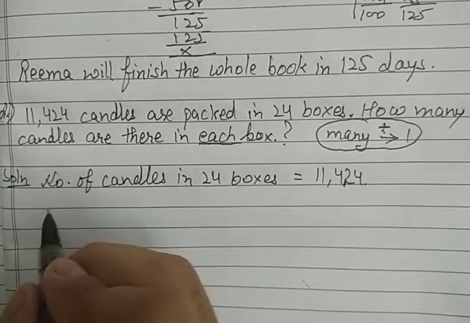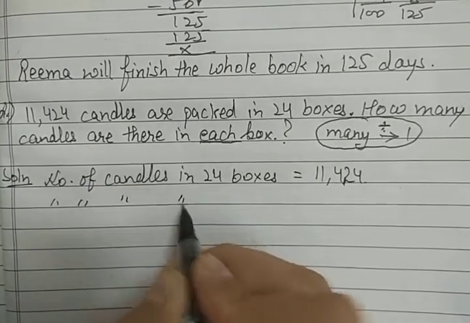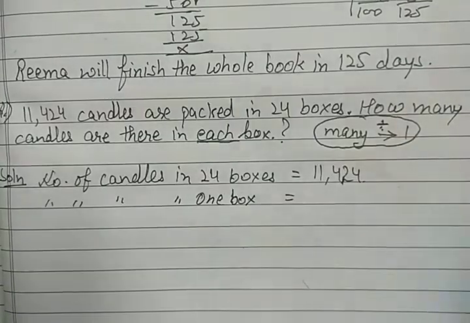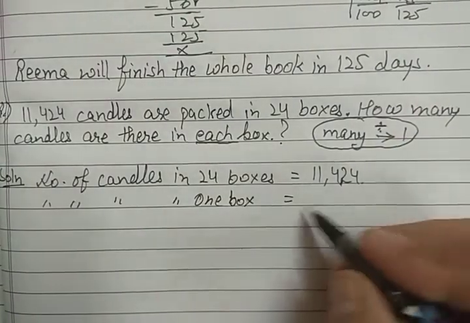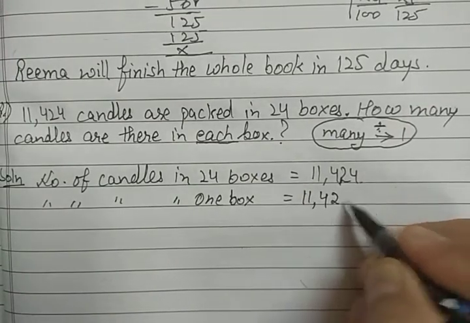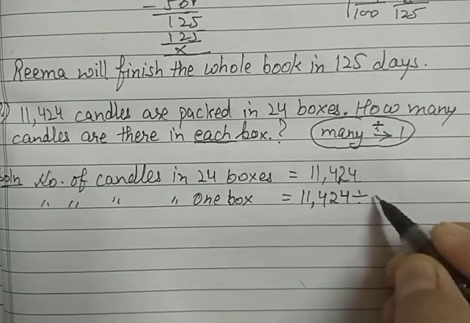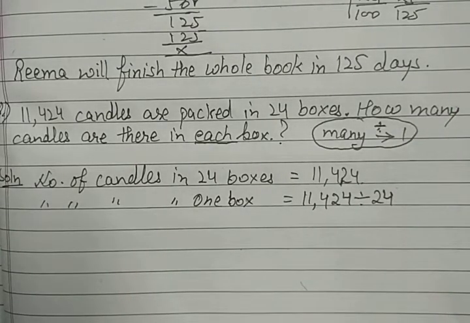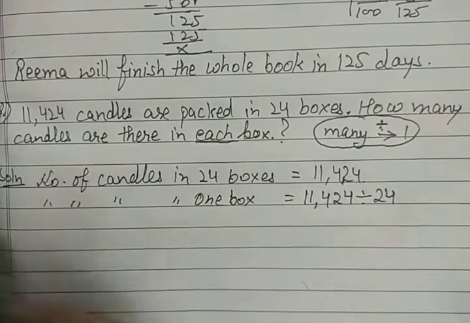Now we have to find out the number of candles in one box. So what we have to do is divide: 11,424 divided by 24, because there are 24 boxes, so we will divide it. Now divide it.